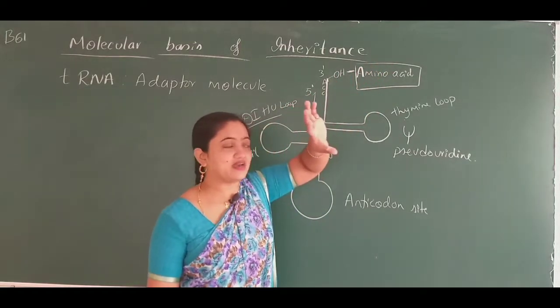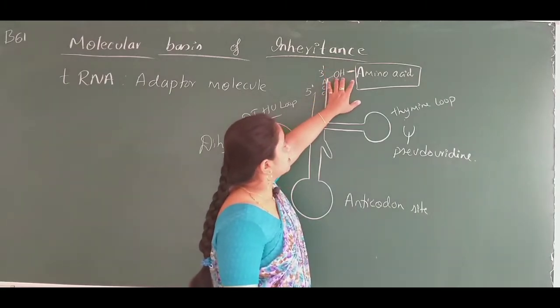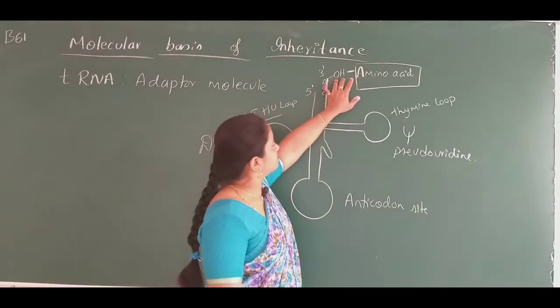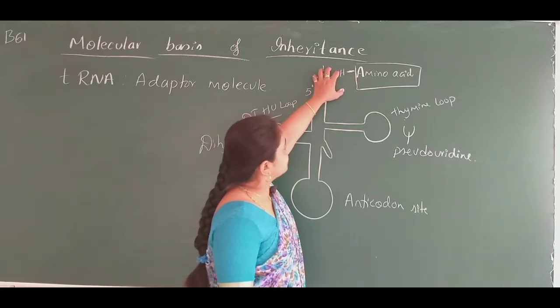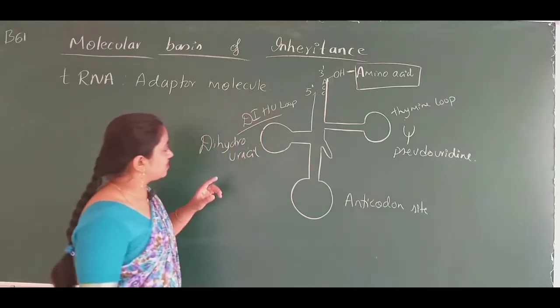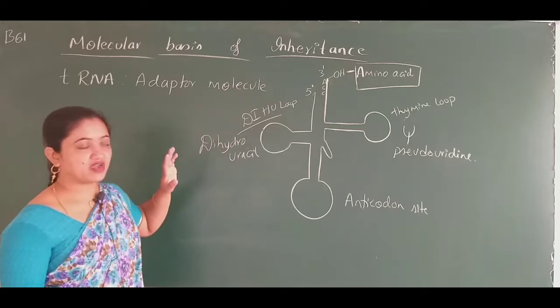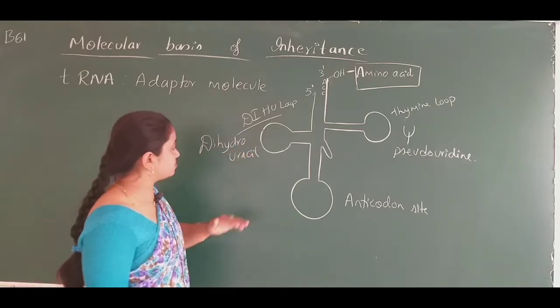After getting charged, the amino acids come and bind to this end. So this end is carrying the charged amino acid. One more arm we have is the dihydrouracil arm.